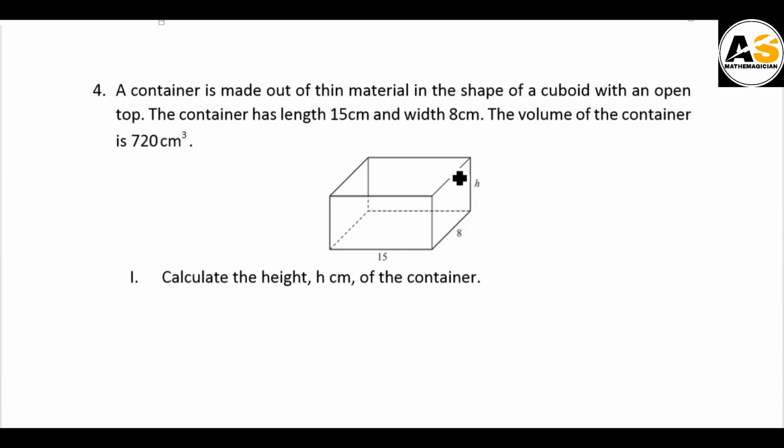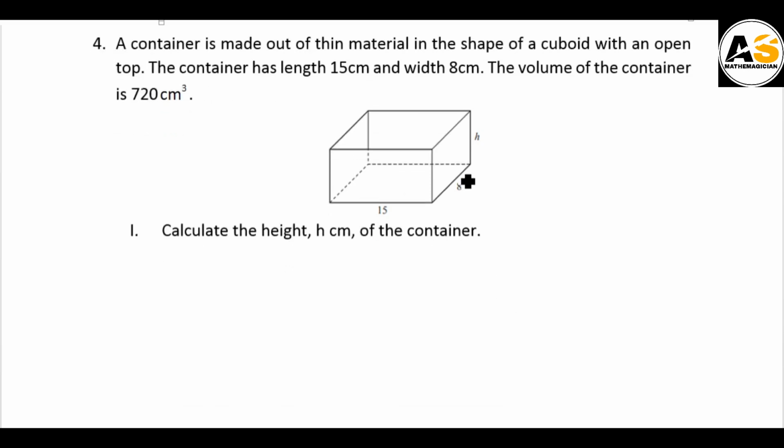Question number 4. A container is made out of a thin material in the shape of a cuboid with an open top. This top is open. The container has length 15, width 8, and its height is h. The volume of the container is 720 centimeter cube. So in the first part, we have to find the height of the container.